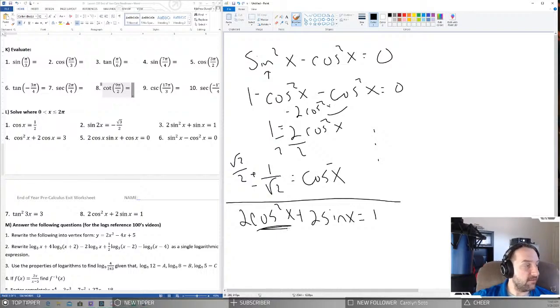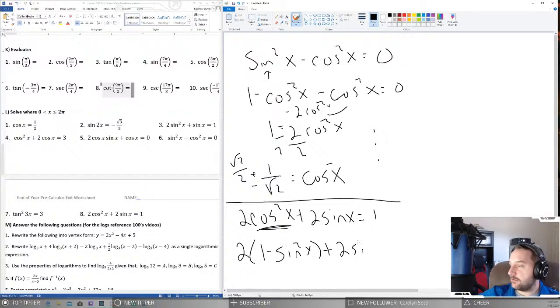We need to make sure everything is sines for us to be able to use the quadratic. So I would do 1 minus sine squared x. And if we're thinking, oh no, I forgot my identities, we gotta practice those. 100%, we gotta practice those. And then that would be plus 2 sine x equals 1.